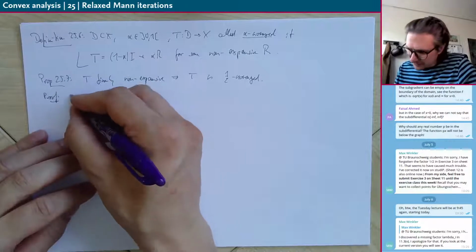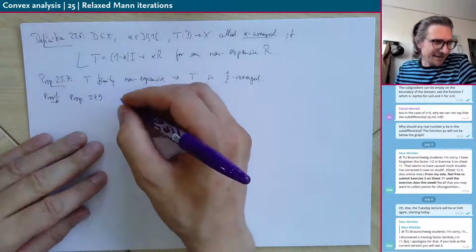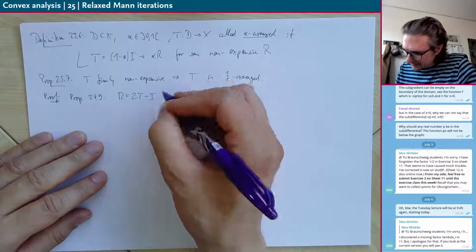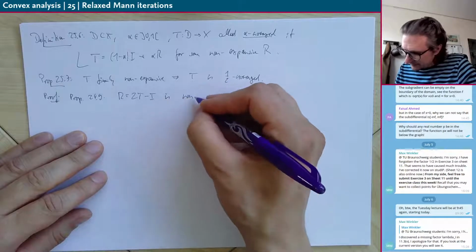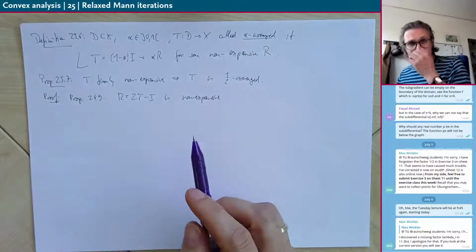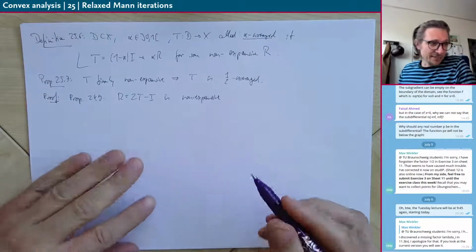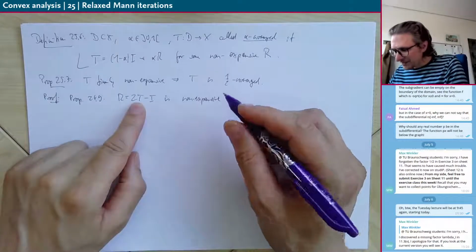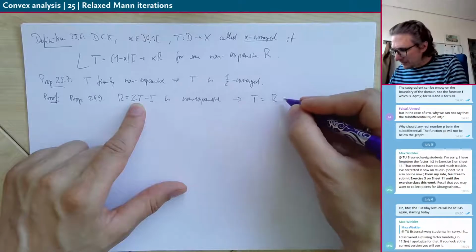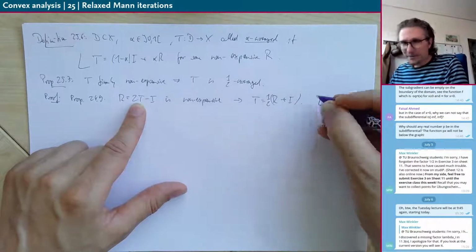We can just cite proposition 24.9, which said that R equal to 2 times T minus identity is non-expansive. This we proved in that proposition. If T is firmly non-expansive, then 2 times T minus identity is non-expansive. And if you just solve that for T, you see that T is equal to (R plus identity) times 1/2, and that's it.